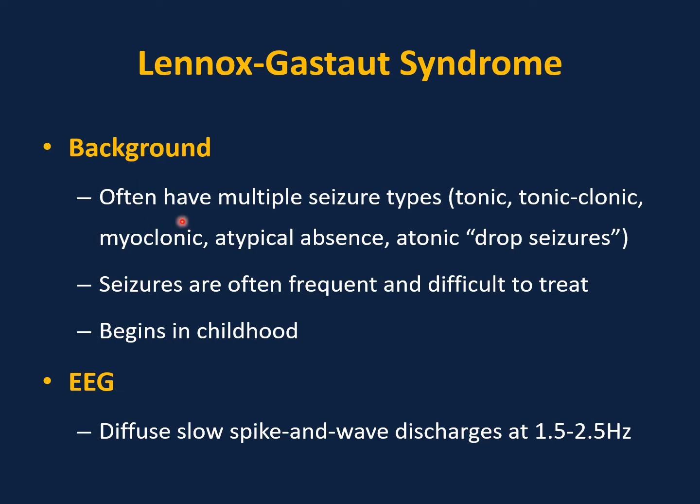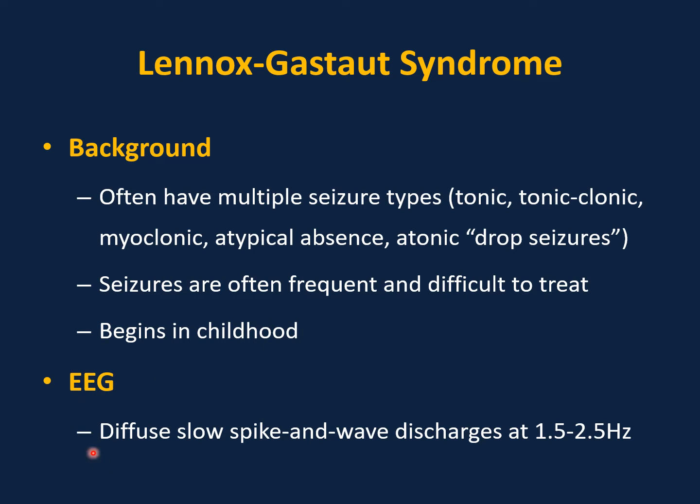Lennox-Gastaut syndrome. This has multiple seizure types: tonic-clonic, myoclonic, atypical absence, which may be associated with atonic drop seizure, like a collapse. Seizures are often frequent and very difficult to treat, and usually begin in childhood.